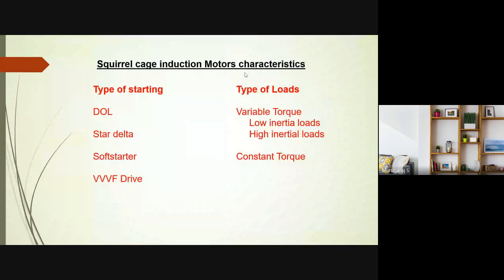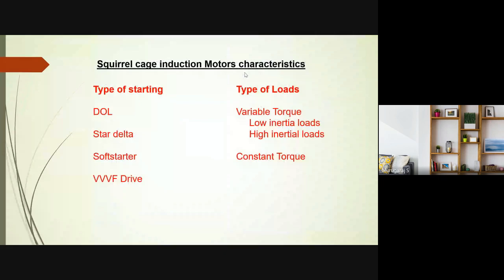And a soft starter is also slightly like a VFD, but you will not be able to vary the frequency or voltage that much. You will be able to play around with some 30%, 40%. You can slightly ramp up the voltage, and using that you will be able to control the motors. Variable voltage and variable frequency drives are quite famous today in the industry.